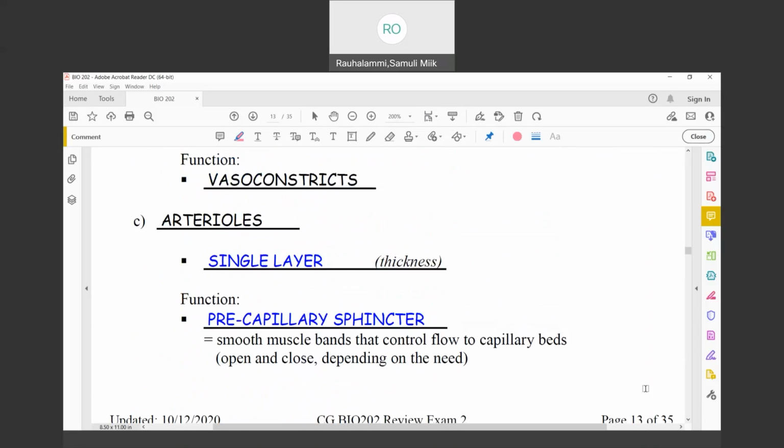And the final one that I have here are arterioles. Remember when we talked about capillaries, we often don't map out each and every single small capillary on that one area. So instead, if I had capillaries, some from the arterial side, so from arterioles, and some to the venous side, so venules, this area where we have this bunch of capillaries, I would refer to simply as a capillary network.